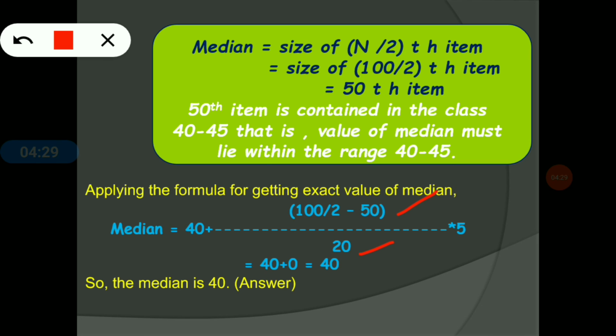So 20 means the frequency of the median class, and 5 means the class interval. What is the difference between the lower and upper class limit? It is equal to 5. So 5 is the class interval of the median class. That's why we write here 5.